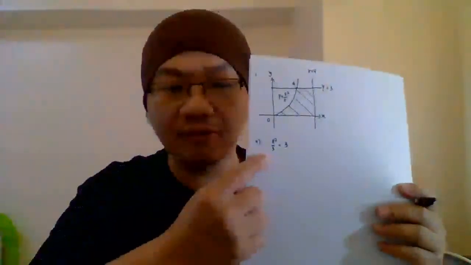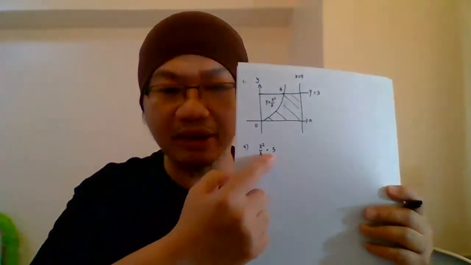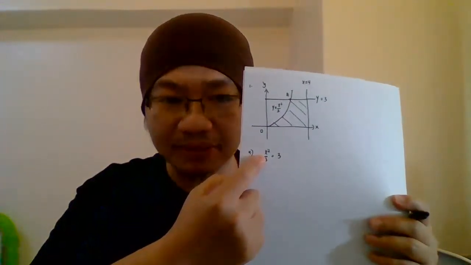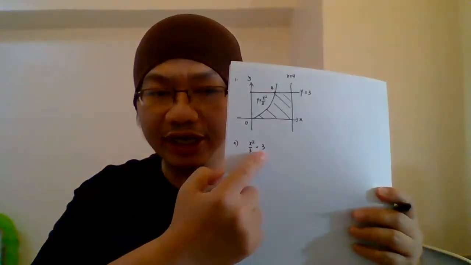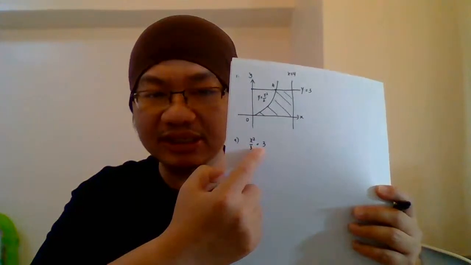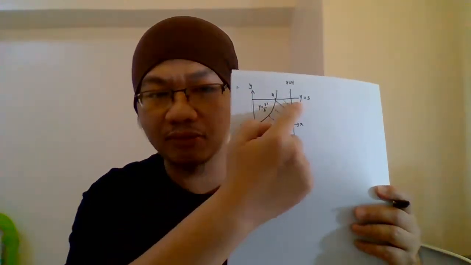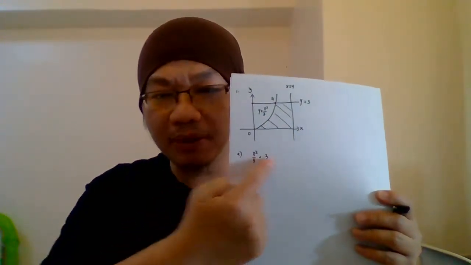That's what I mean by simultaneous equations. So for 1a, x squared over 3 equals 3, because this is the curve equation and this is the straight line y. So we solve the problem by determining the value of x.